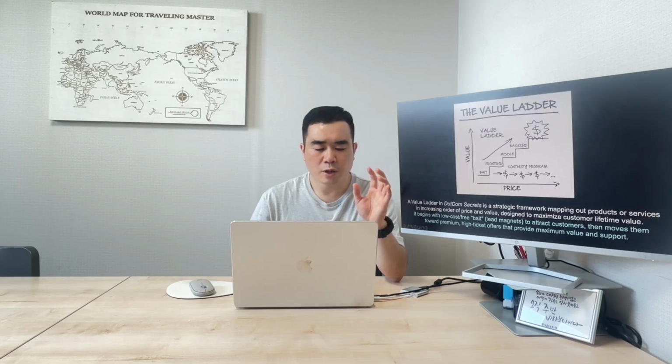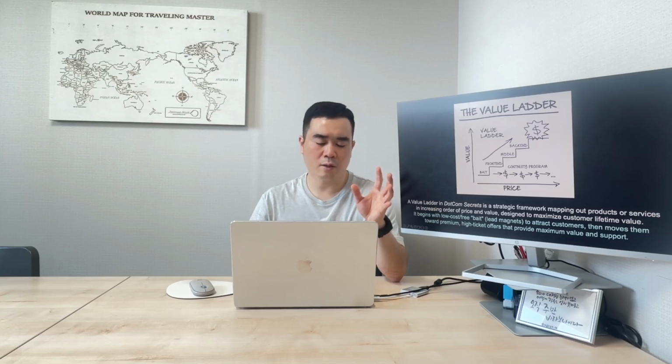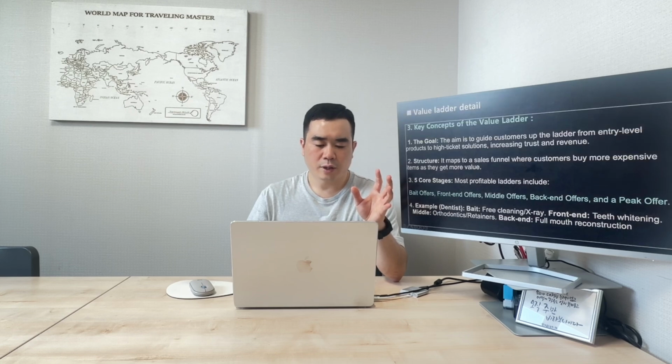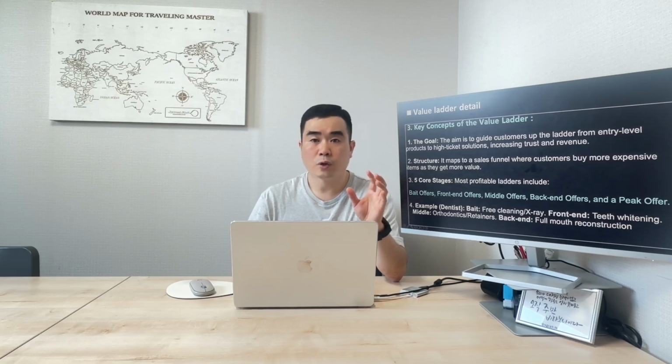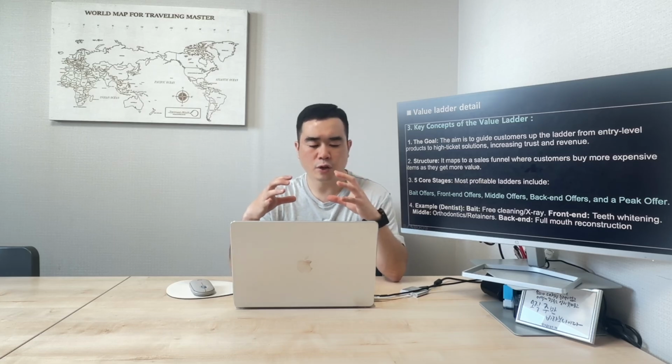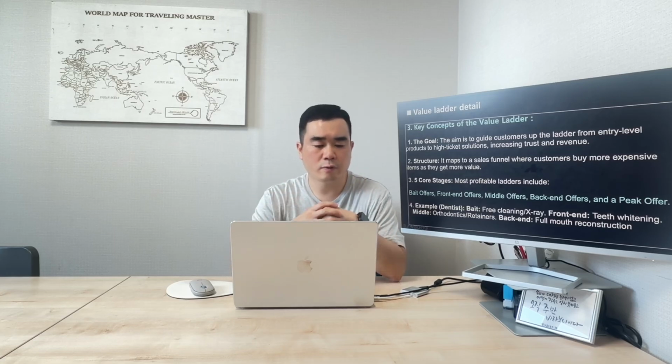Please refer to this picture of the value ladder. The first is bite, the next is front end, then middle, then back end, and the last is the peak offer. This is very important, so please remember the five core stages of the value ladder.